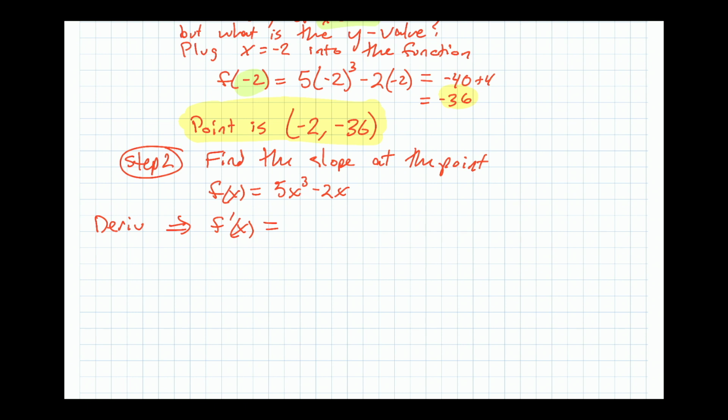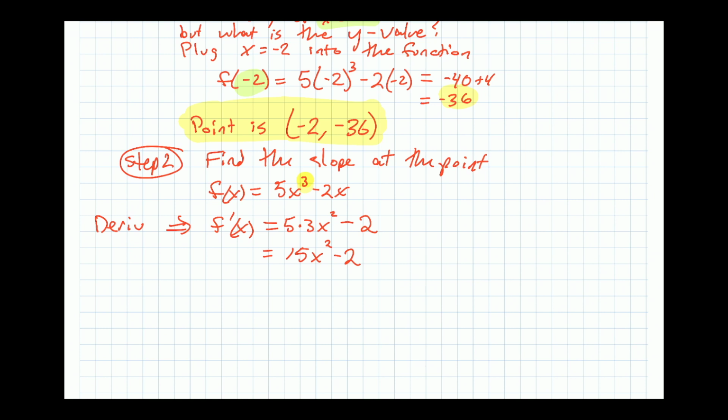So you bring the 3, right? We got the 3 here. You're going to bring it down in front, you get 5 times 3x squared. Then you have the derivative of -2x, which is -2. Remember, you don't really need the power rule for a constant times x. So we're here, and that is 15x squared minus 2.